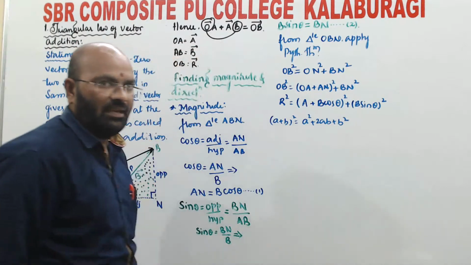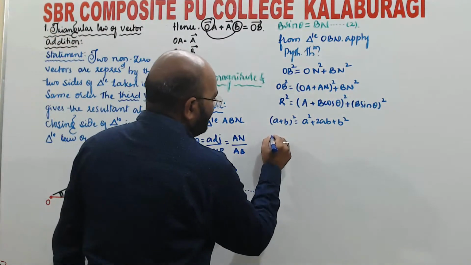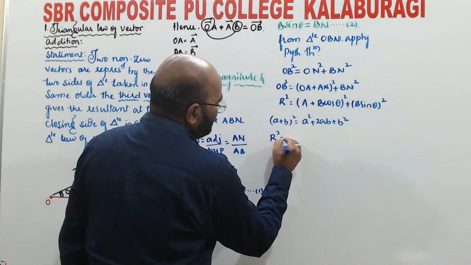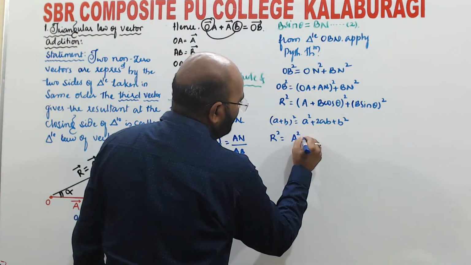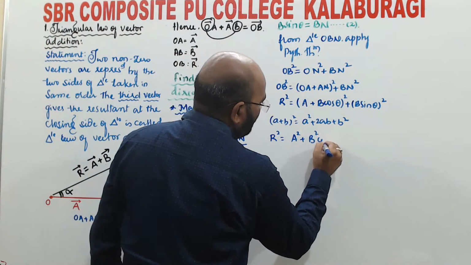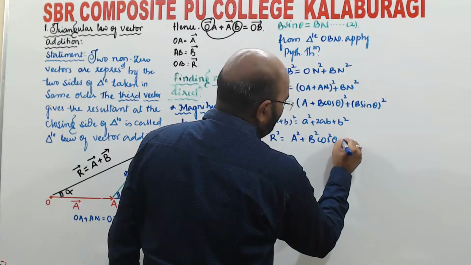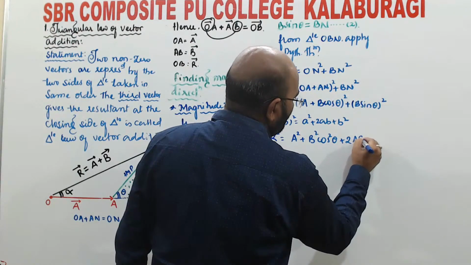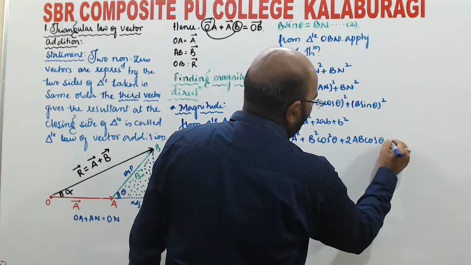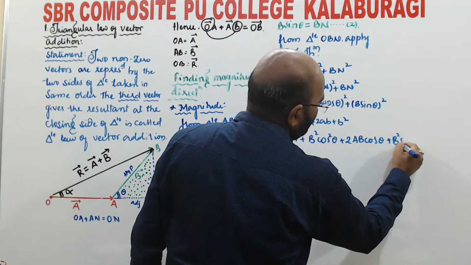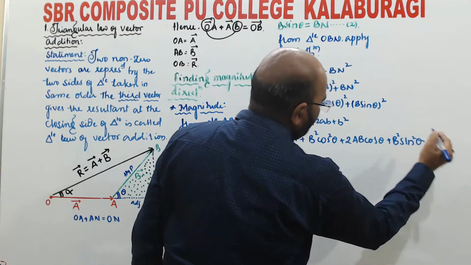Use this formula here. Then resultant R square is equal to a square plus b square cos square theta plus 2ab cos theta plus b square sin square theta.